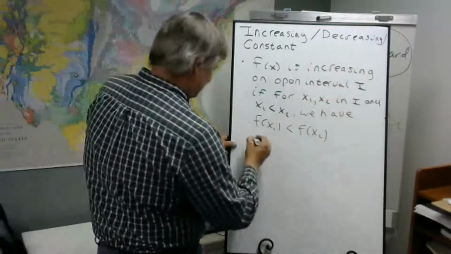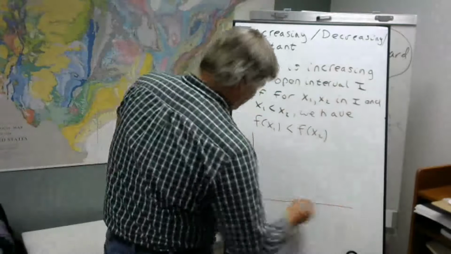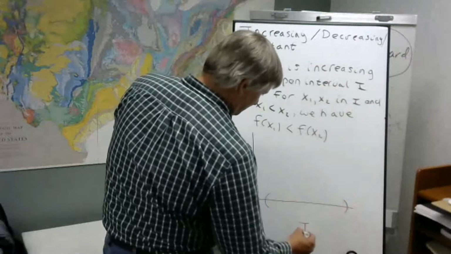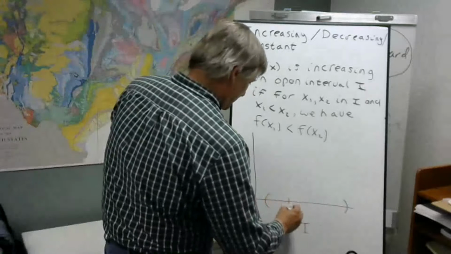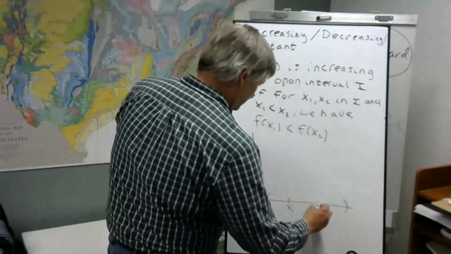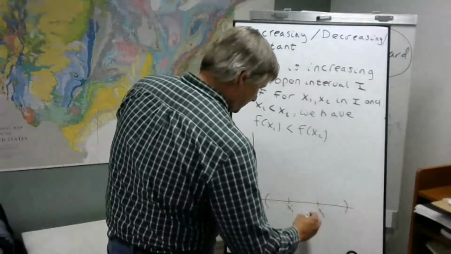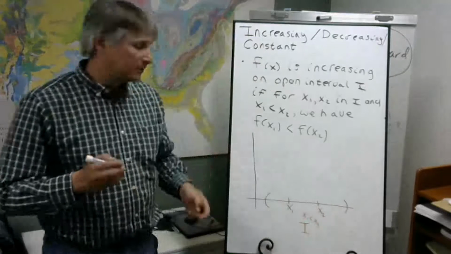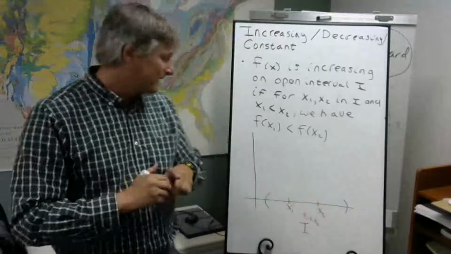Let me draw a picture. So let's say we have our portion of the Cartesian plane, and here's our interval I. Pick a couple points, x1, x2. Well, here we have x1 less than x2. And think about the number line. Smaller numbers on the left, bigger on the right.